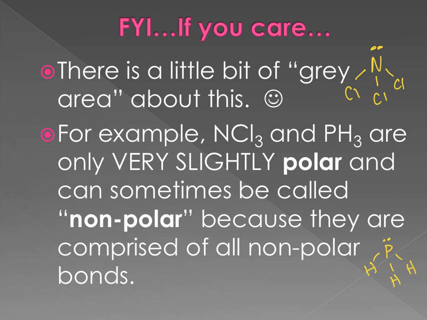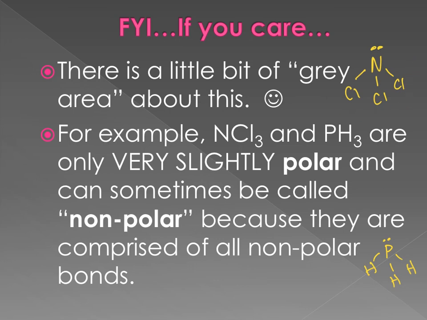If you by chance look at nitrogen trichloride or phosphorus trihydride, they're only very slightly polar, and you might find that some websites will call them nonpolar because they're comprised of all nonpolar bonds. But like we said before, due to the lone pair of electrons on the central atom in both of these examples, going along with what we've talked about in class, we would characterize even these bonds as nonpolar. This lone pair of electrons makes the overall molecule polar.